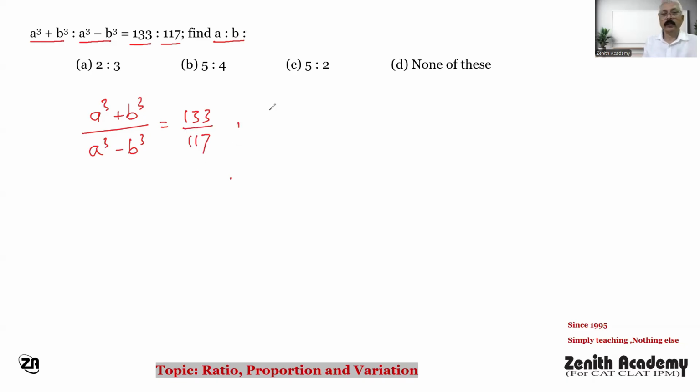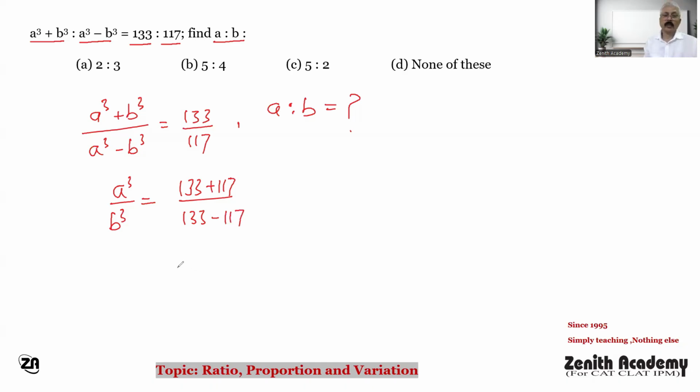And you are required here to find the ratio between a is to b. So look here. Again, you can use componendo and dividendo format. Means a cube upon b cube is equal to 133 plus 117 over 133 minus 117.